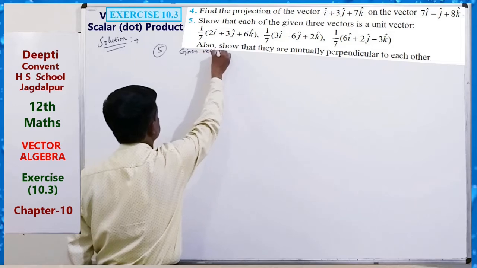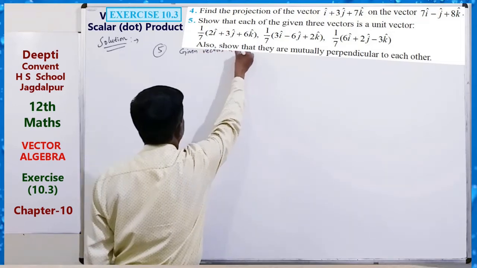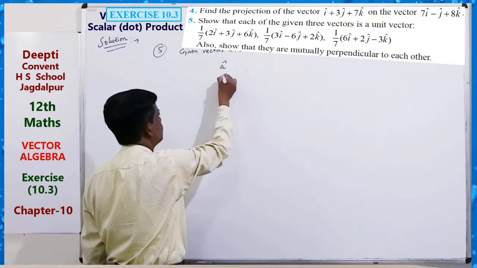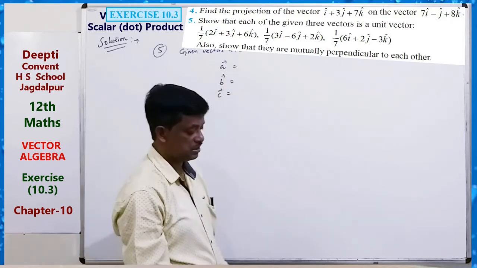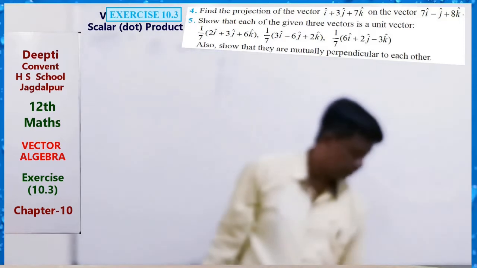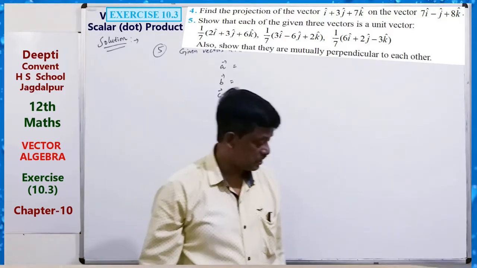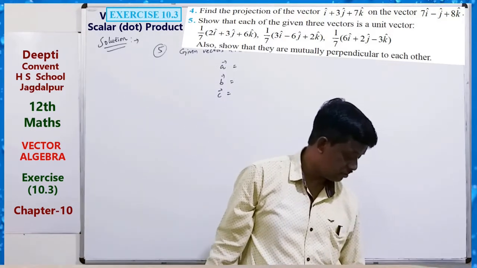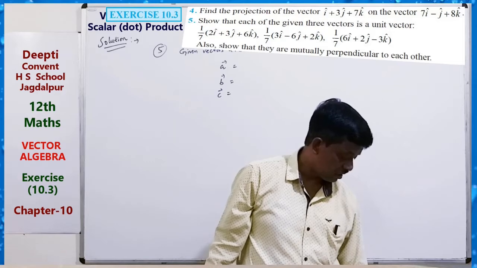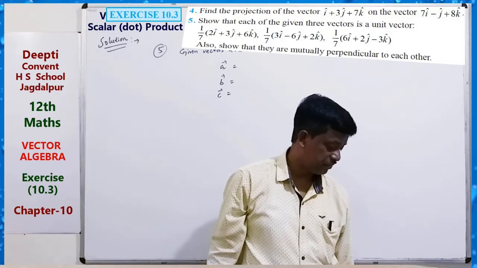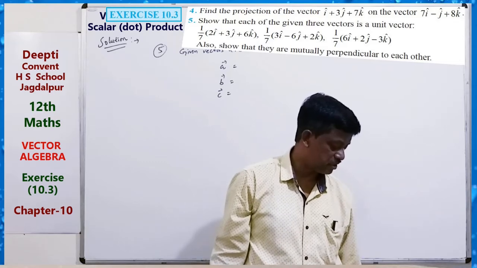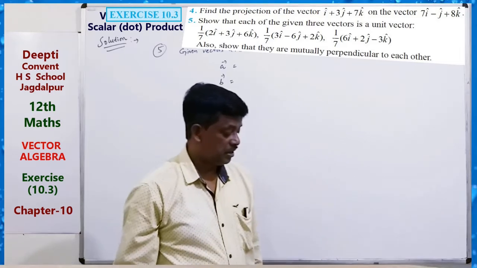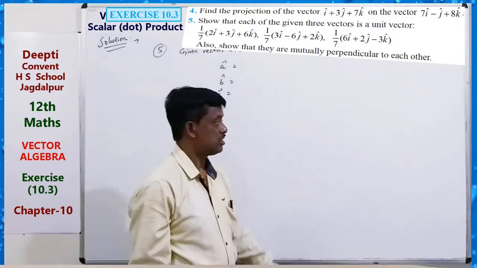The given vectors are A, B, C: 2, 3, 6; 3, minus 6, 2; and 6, 2, minus 3. It is also a very simple question.